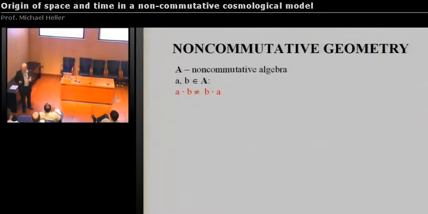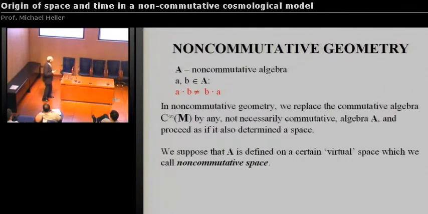And now, if we do geometry exactly in the same way as in a commutative case, but instead of the algebra C infinity, we take any non-commutative algebra, and we proceed exactly in the same way, this will be non-commutative geometry.